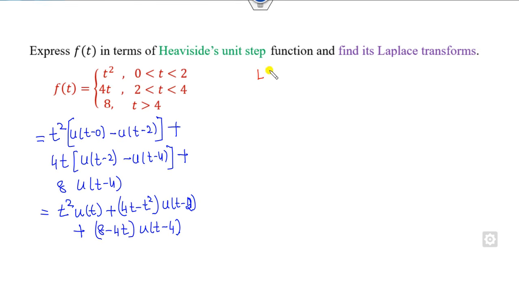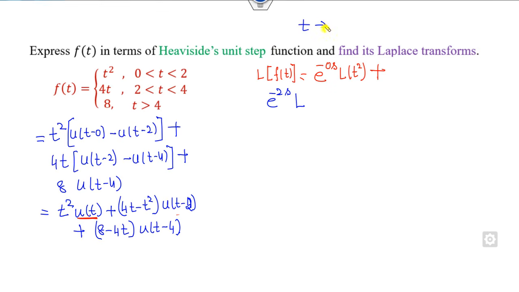Now can you find the Laplace of this? What is the Laplace of this first component? A will be 0, e raised to power 0s, Laplace of simple t square, plus in this case e raised to power minus 2s.